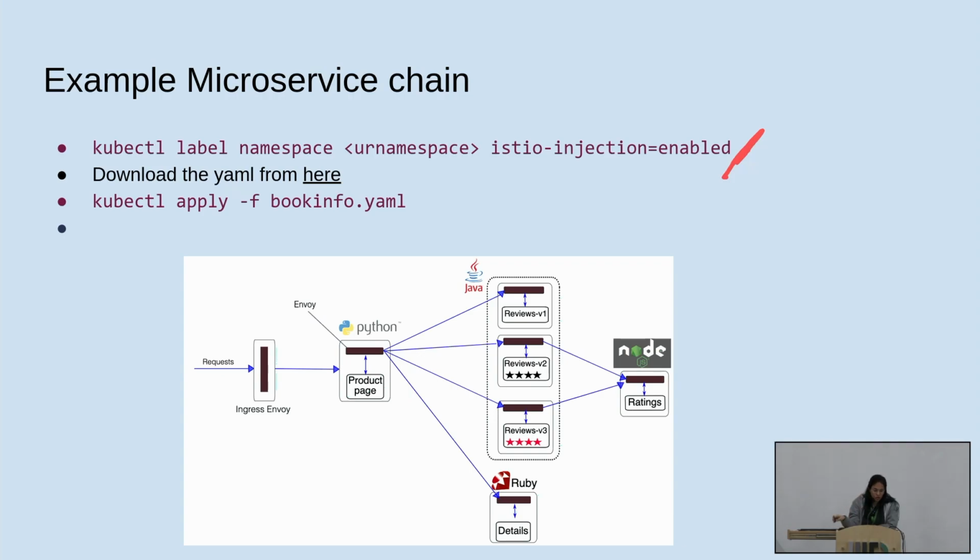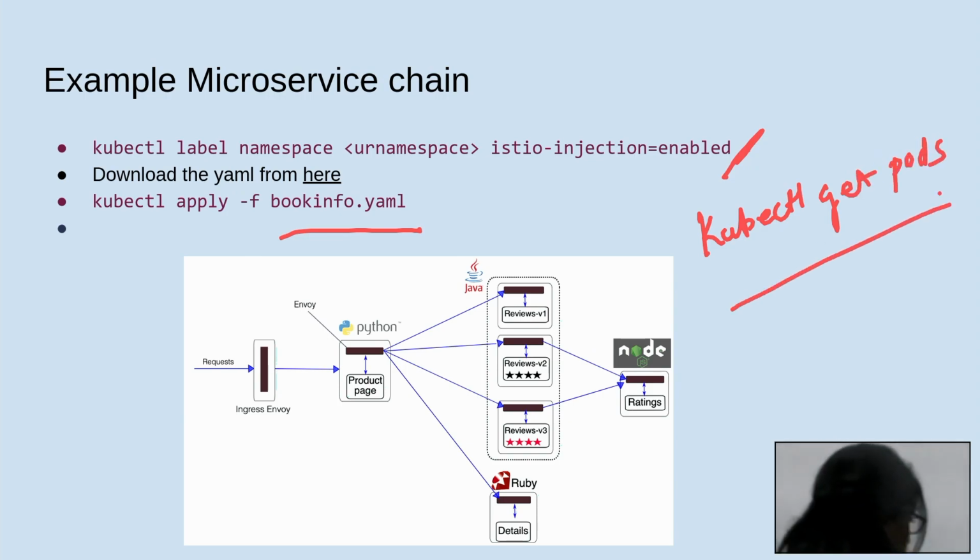So if you're in your individual namespace, just apply this bookinfo YML that you downloaded from online. And once you deploy, just do kubectl get pods, and you'll see a bunch of microservices running.